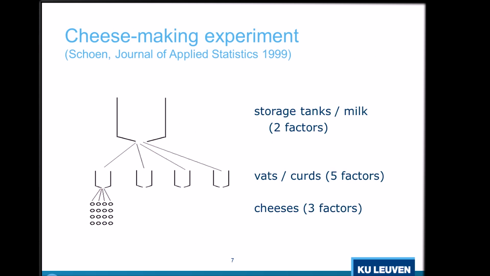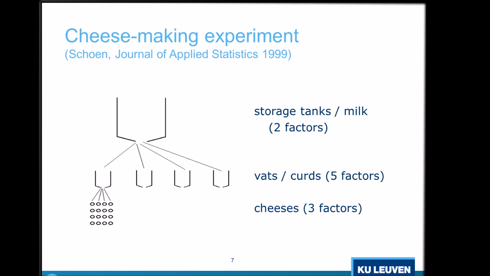The next example on slide number 7 is completely different. That example does not literally involve hard to change factors. That example is about cheese making, and it's an example taken from a paper by Eric Schoen in the Journal of Applied Statistics back in 1999.